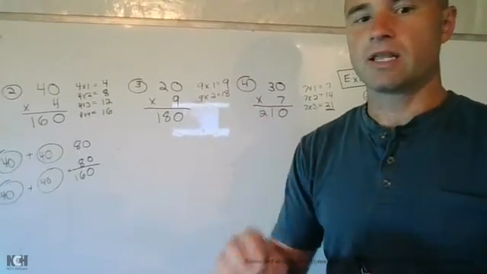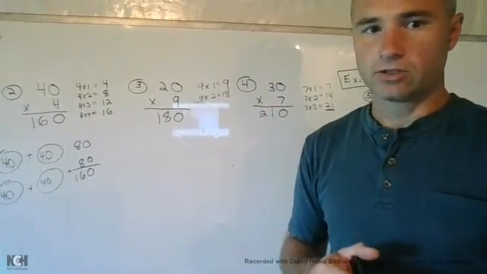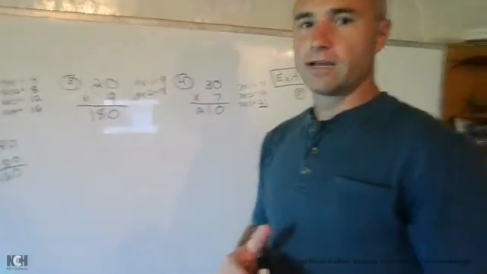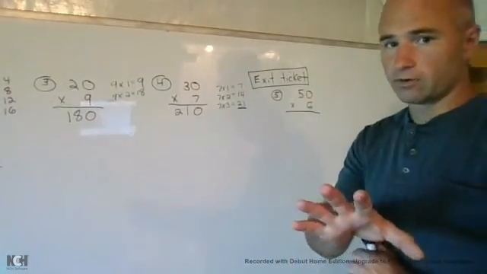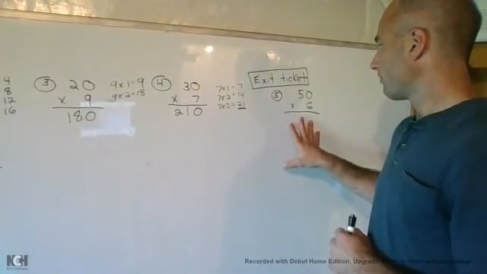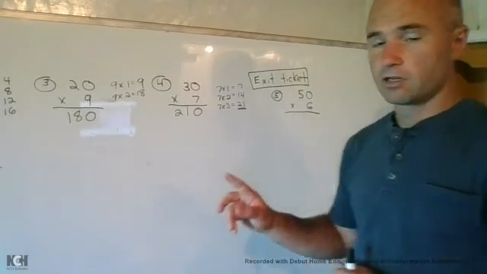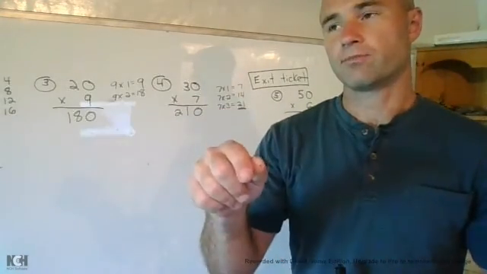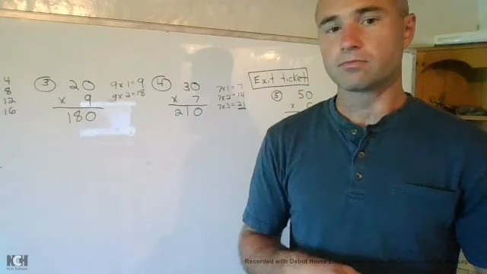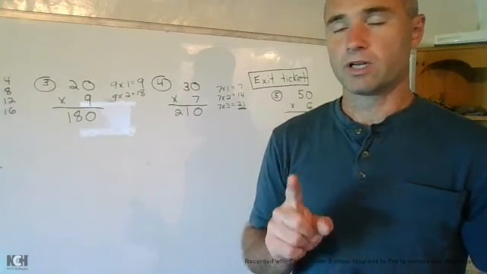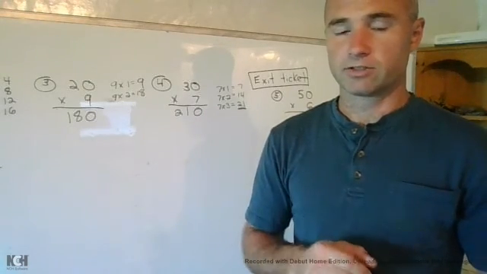And try not to make that same mistake on the exit ticket question. So you're going to go ahead and in your packet on your own now, you're going to solve the 50 times 6. Then you're going to go back to the Google form in your Google Classroom for today, week 1, day 1, and submit your answer.